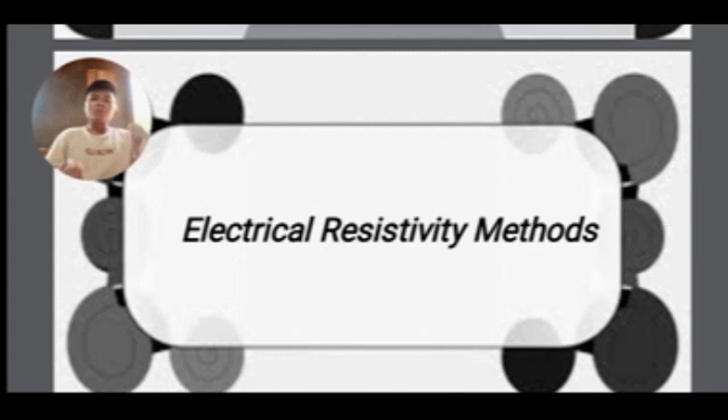So we all know that all materials have electrical properties, and one of the most important of these is the resistance the material offers to the passage of electrical current. We know that copper has low resistance but high conductivity, while rubber has high resistance but low conductivity.